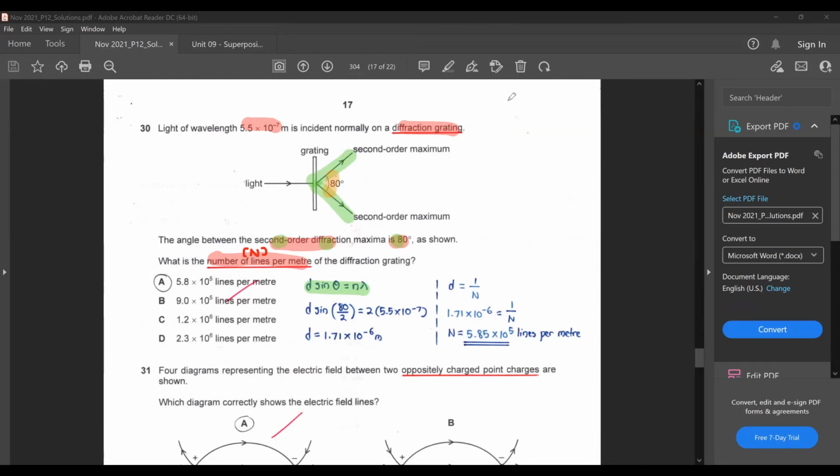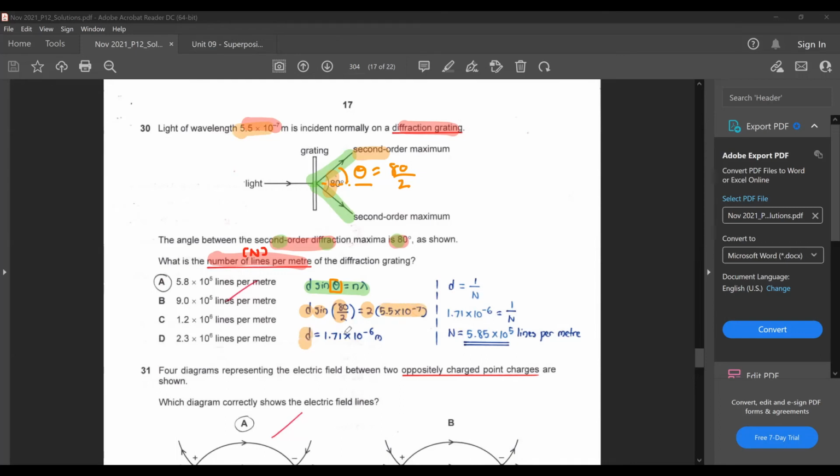So the angle between this second order and this second order is 80 degrees. But when you want to use the equation d sin theta = n lambda, your theta is actually this one. So it's actually supposed to be 80 divided by 2. Okay, so you use that equation first. d sin(80/2) equals your order number, second order, times your wavelength, 5.5 times 10 power minus 7.